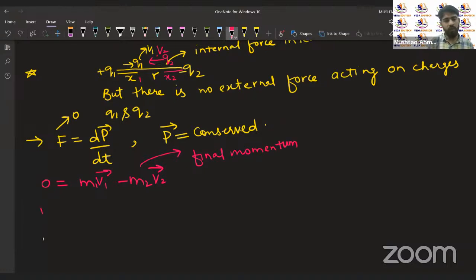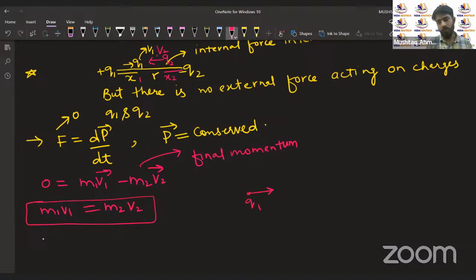So from here we will get m1v1 is equal to m2v2. That's the magnitude of the two momentums will always be equal. So if the charge q1 is going in this direction, the charge q2 will be moving in this direction with the same momentum.